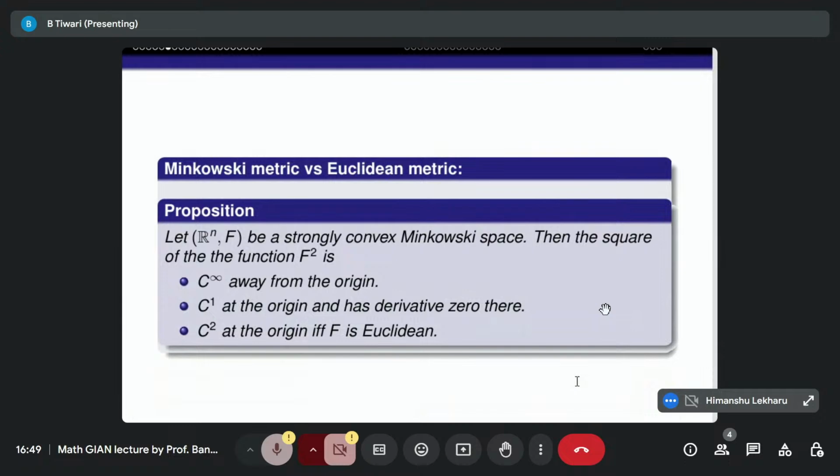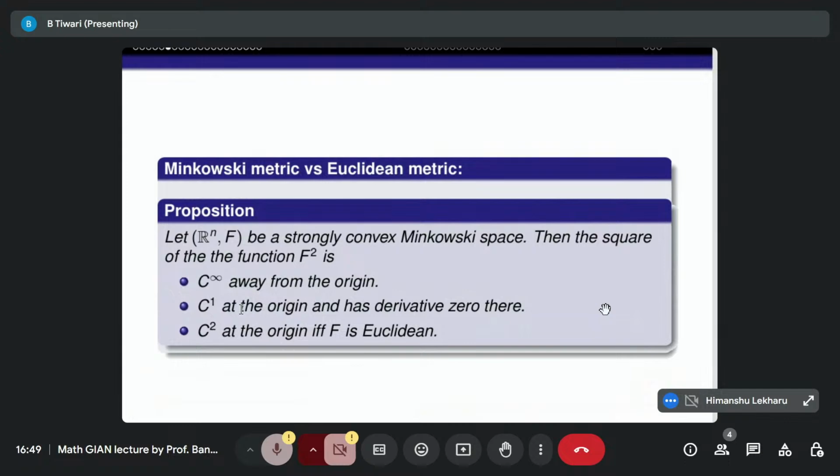Now, this result is for a strongly convex Minkowski space. This result is very useful for further investigation. So, if (R^n, F) is a strongly convex Minkowski space, then the square of the norm is always C infinity away from the origin.